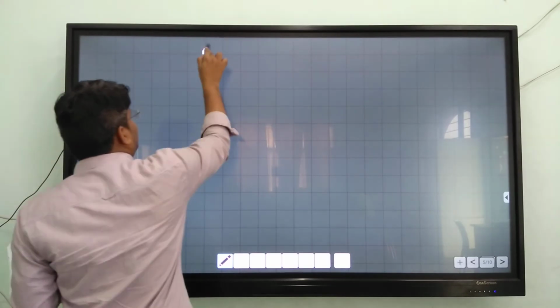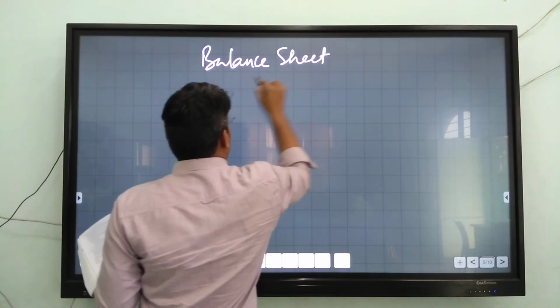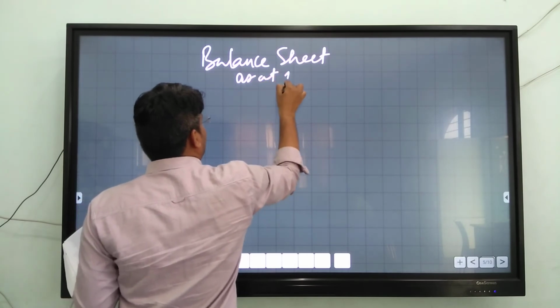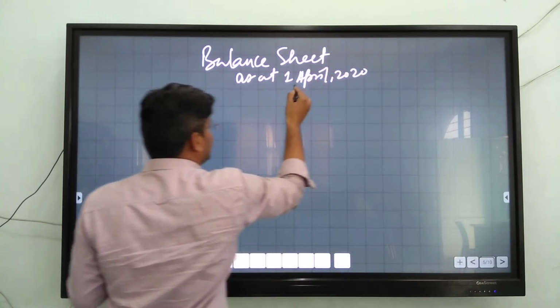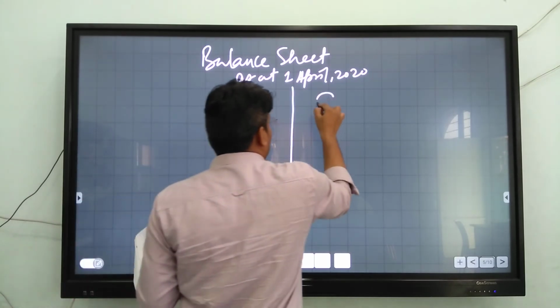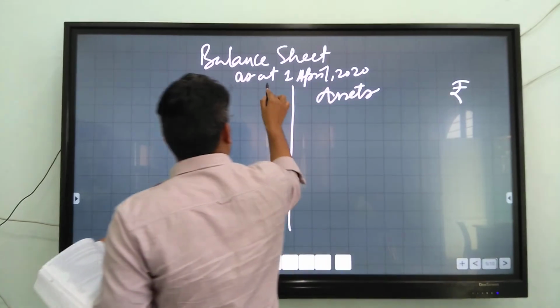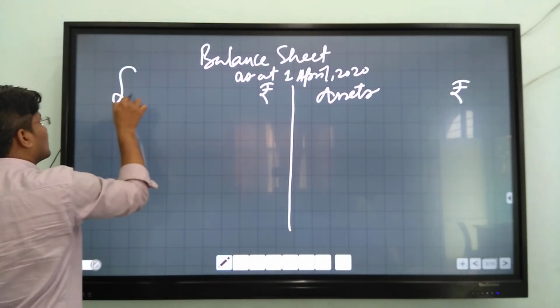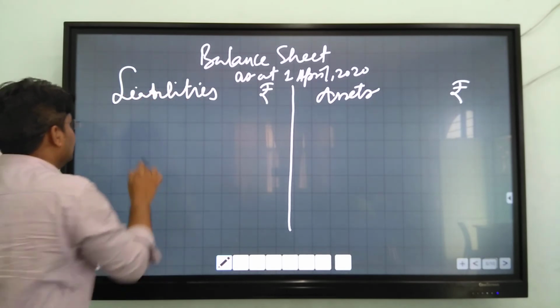Now the balance sheet. Balance sheet as at first of April 2020. Assets. Liability.